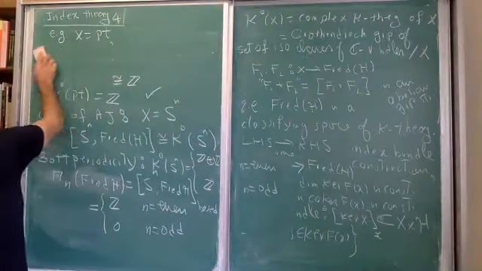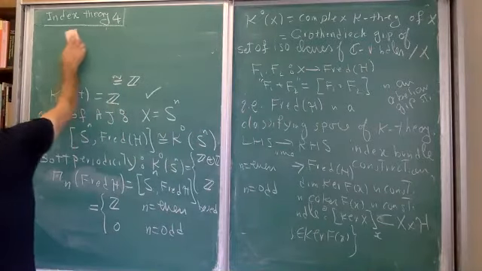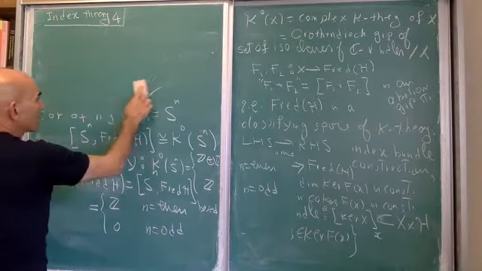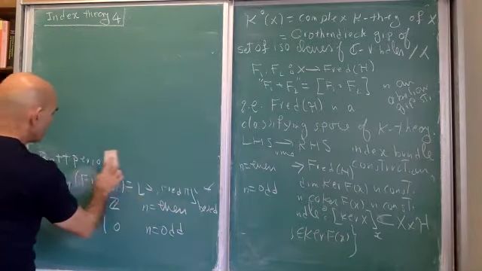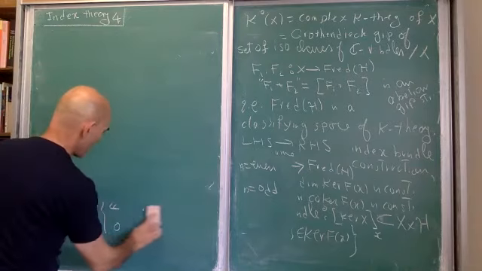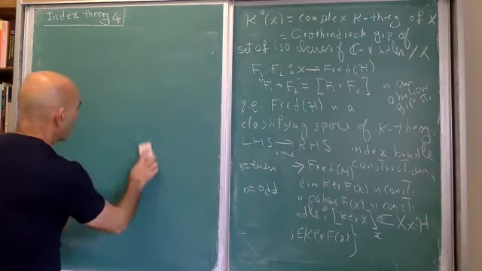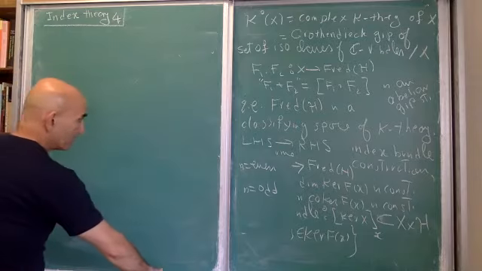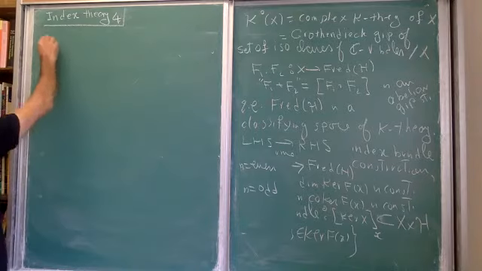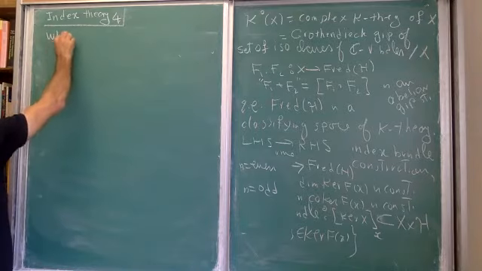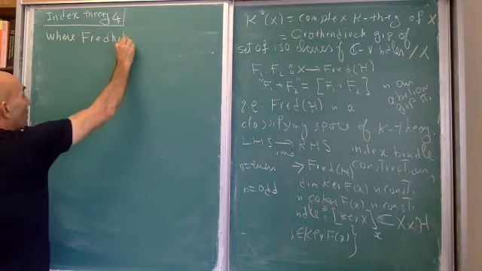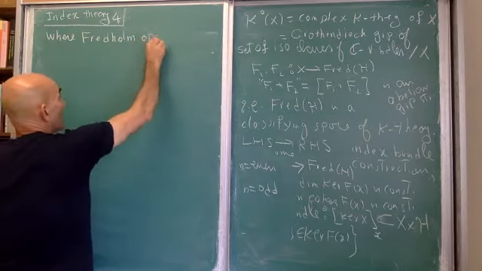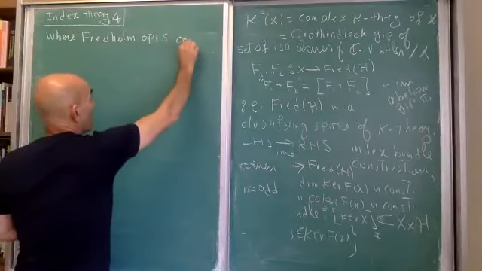So let me put the question like this now, because now we know what Fredholm operators are. But now let me ask this question: where do Fredholm operators come from?